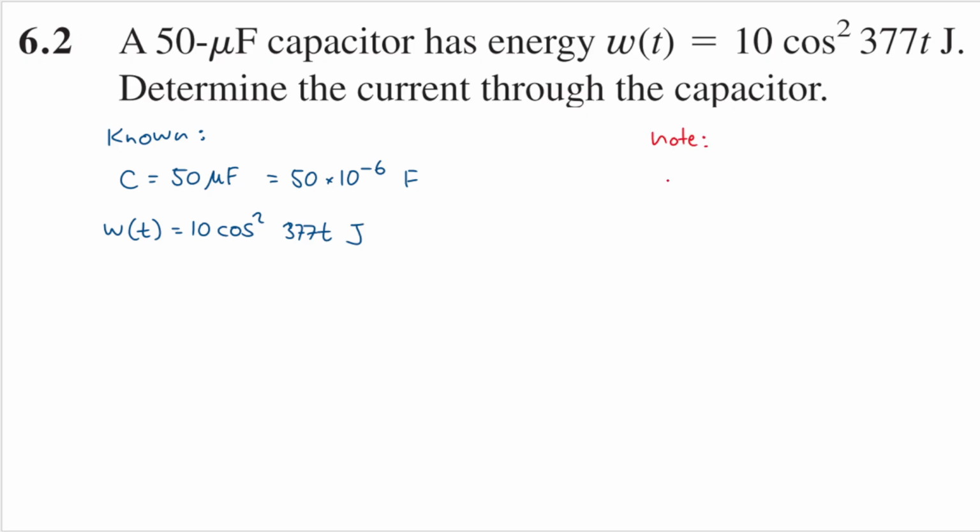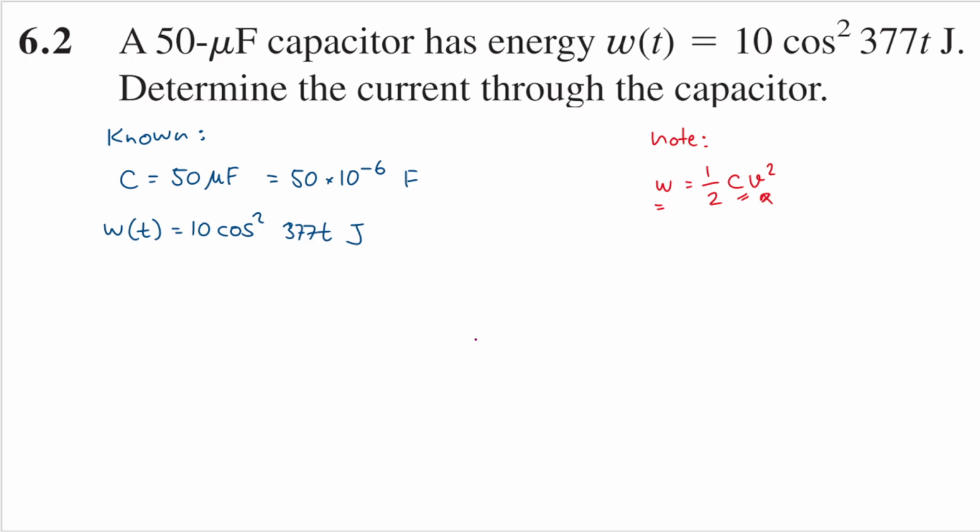Now let's remember what we know. The energy of a capacitor, W, is 1/2 C multiplied by v squared. We are given the energy and we also know the capacitance, and we need to find v.